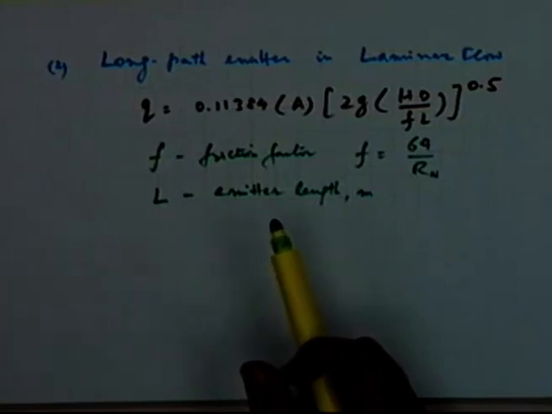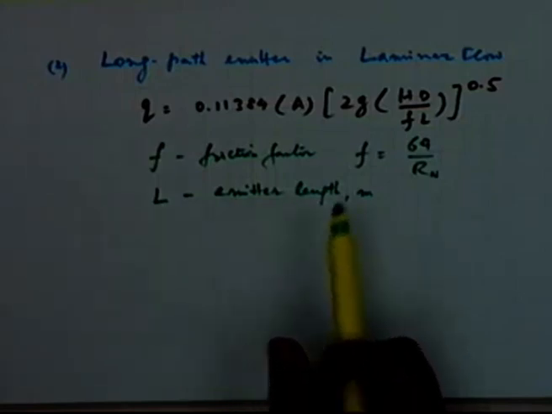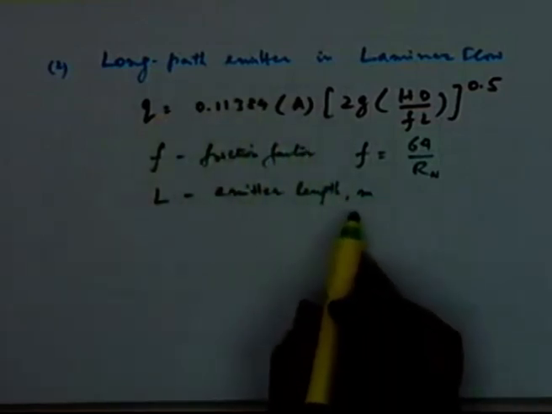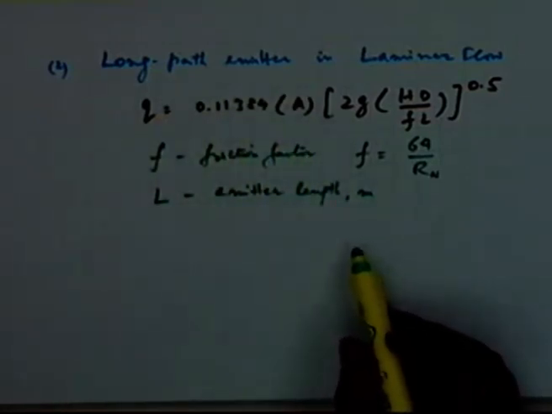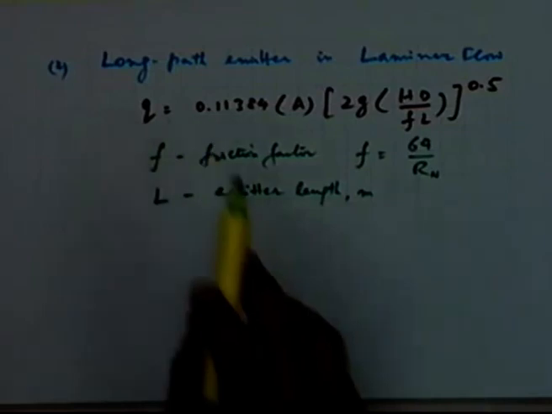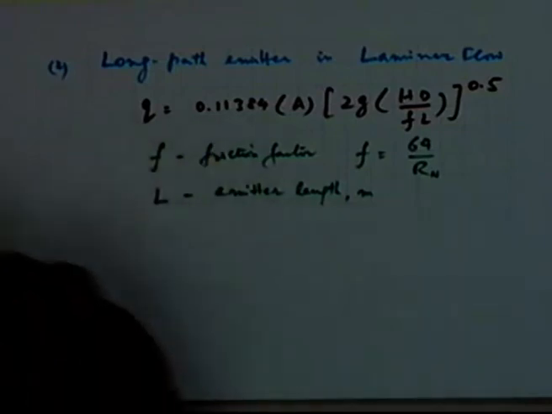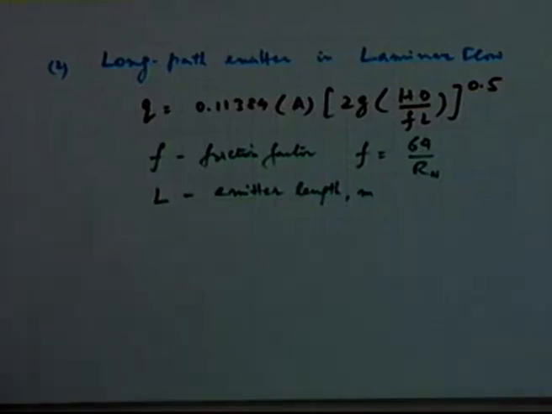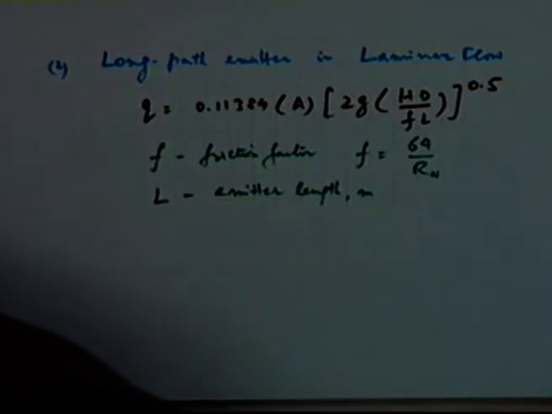The spiral grooves which we have provided inside the long path emitter, what is the length of that? Because that is the effective length through which the water is passing. And that is what has to be used in the case of a long path emitter. So that will be given when you are given that this is a long path emitter, the length of the groove will also be given along with that.